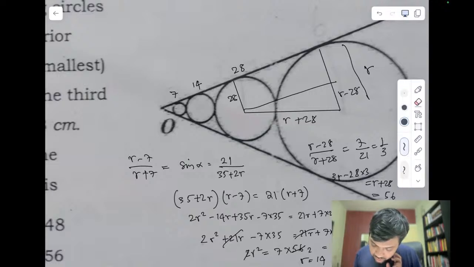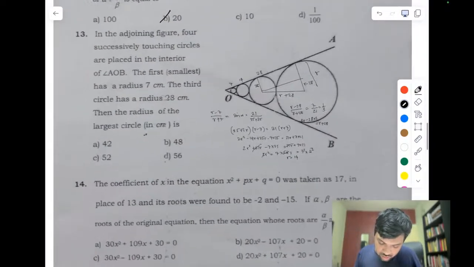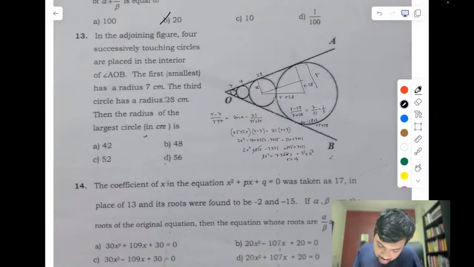If you rearrange, just a minute, you get 2R. 3R minus 3 into 28 is R plus 28. So 3R minus R is 2R, is 4 into 28. So R is 2 into 28. I think it is doubling. It's 56.